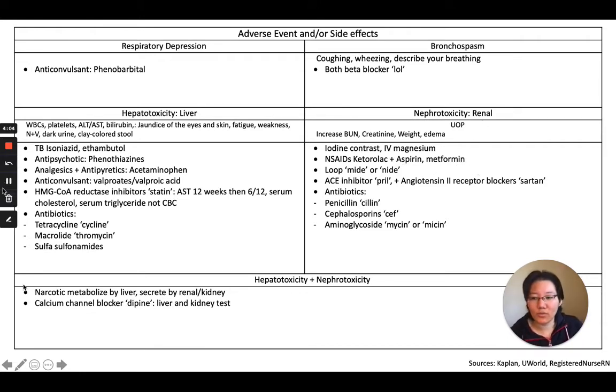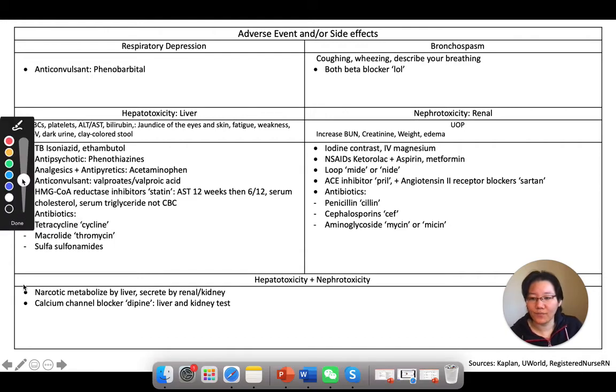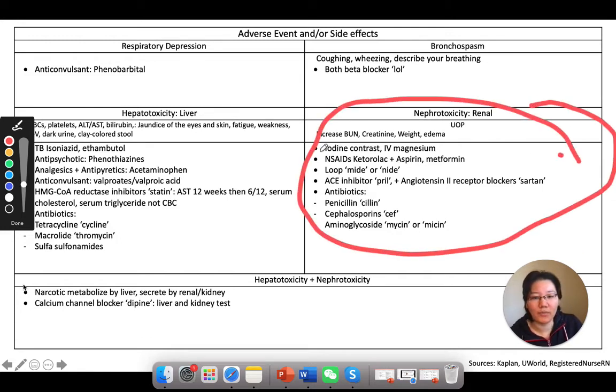Now, the way to do this is, because the renal section has fewer medications while the liver section secretes more, I just remember the renal section.